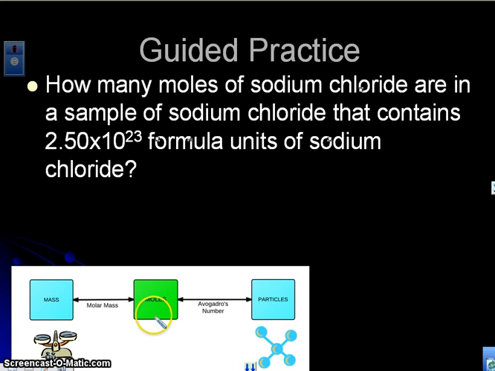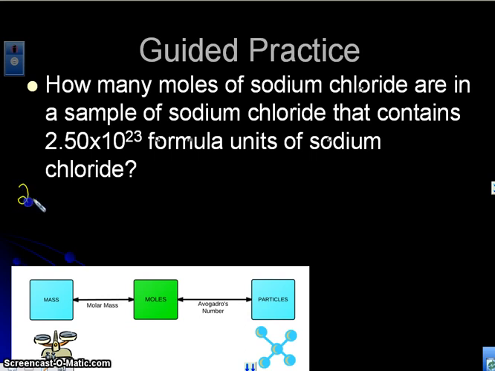In order to do that, we need to use Avogadro's number from our reference table. Avogadro's number from our reference table is 6.022 times 10 to the 23rd particles per mole, which is the same as 6.022 times 10 to the 23rd formula units per mole. Our formula unit is our particle in this problem.